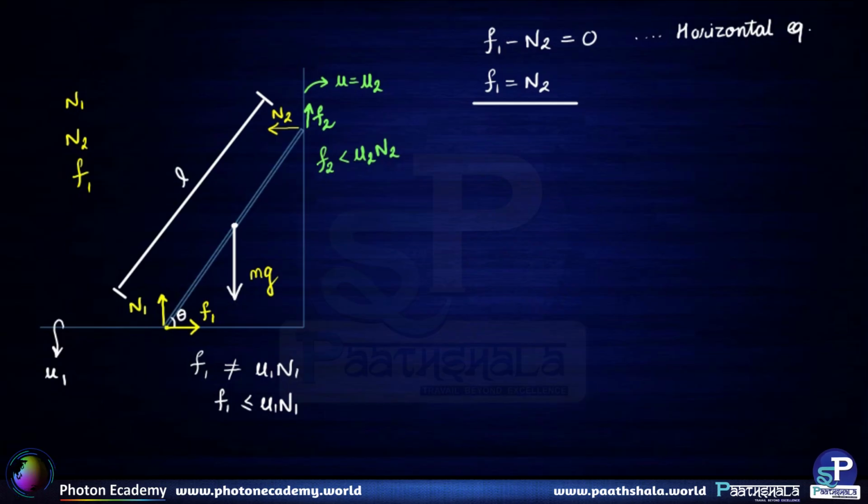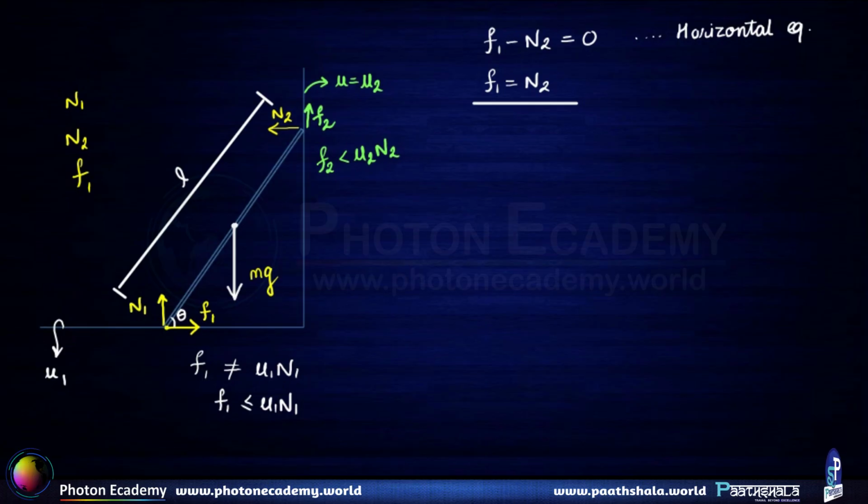So let us see how these equations will vary. Now F1 and N2 are cancelling each other out in horizontal equilibrium. Now in vertical equilibrium, we'll have to write N1 plus F2 will be equal to mg. This is the equation of vertical equilibrium.